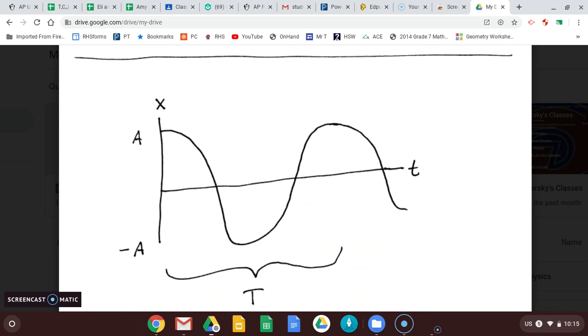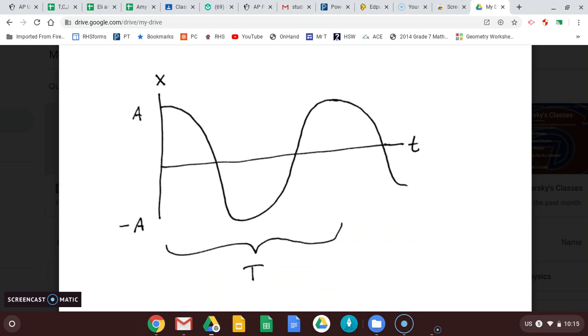Below I have what looks like a cosine function to represent this visually. We will be doing more and more of this through this chapter. So, some of the terminology on a position time graph. The vertical axis represents a position X, and the horizontal axis represents time T. As we discussed earlier, the amplitude is the max displacement away from equilibrium.